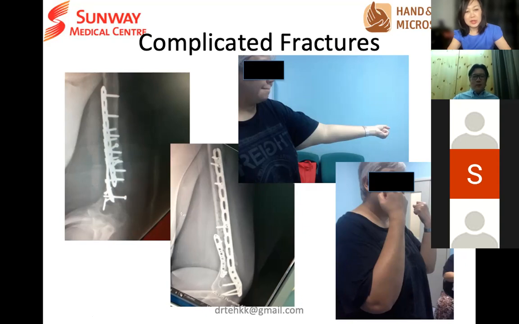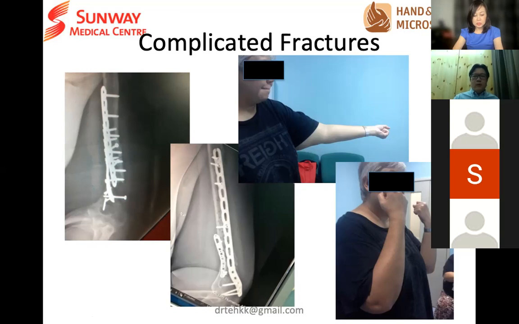So she came. Basically the plate broke. No, actually the plate didn't break. The plate was still intact. It's just that the construct of the plate broke. So basically the plate wasn't put in a proper manner. The fixation wasn't adequate, so there's not enough stability.